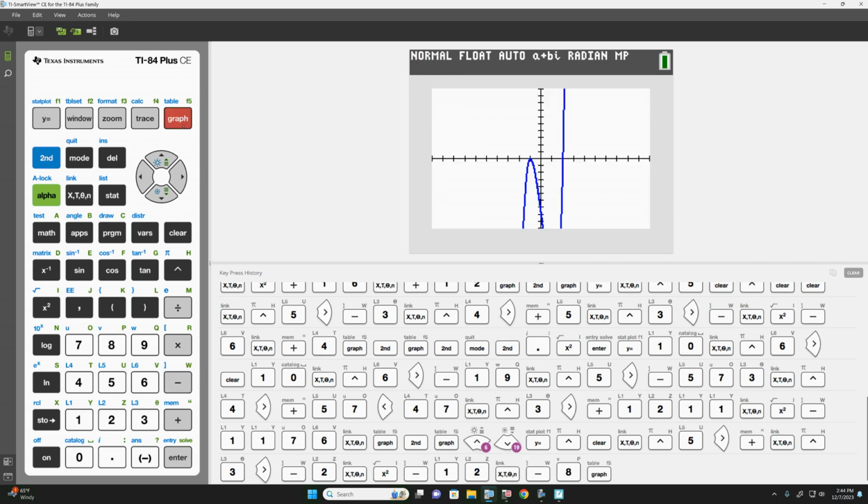Graph. Yes, you are playing probability. You're flipping a coin, and it's recording the number of heads and tails that do occur. Hit trace.